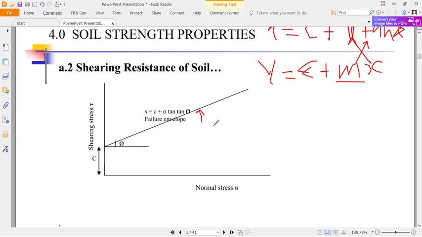Remember, this is in the x direction, a small change in x, divided by z. From here up to here we have z. This is the shearing strain, or the shear strain.